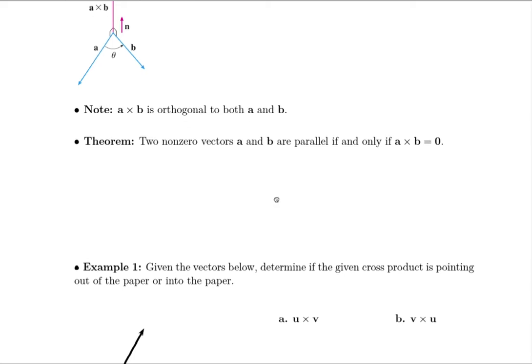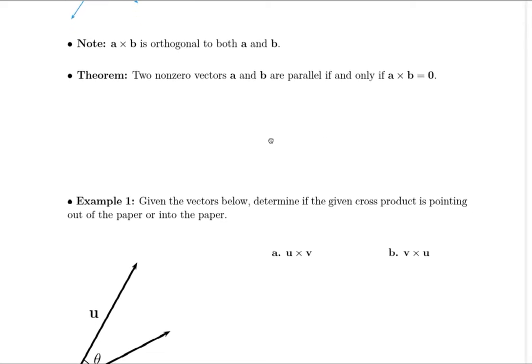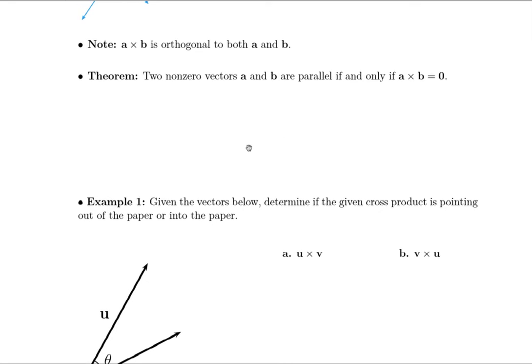A theorem that follows from that is that two non-zero vectors A and B are parallel if and only if their cross product is zero.